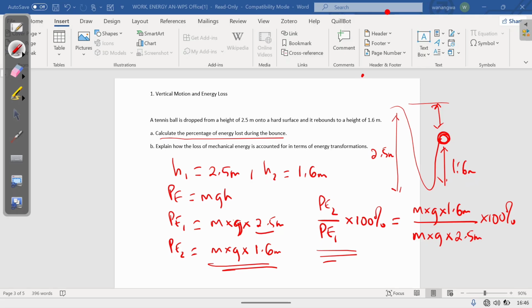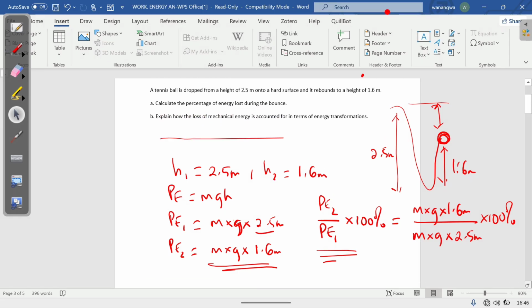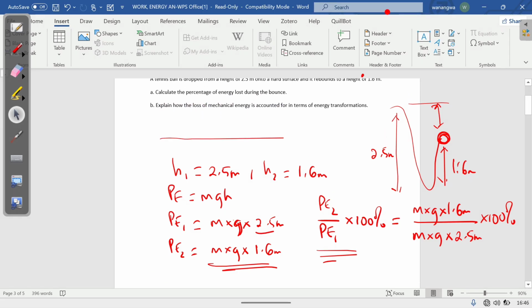Okay, so from here, we're going to start calculating. The m and the g's are the same because it's the same object. So 1.6 divided by 2.5, you find 0.64 multiplied by 100%, which gives us 64%.